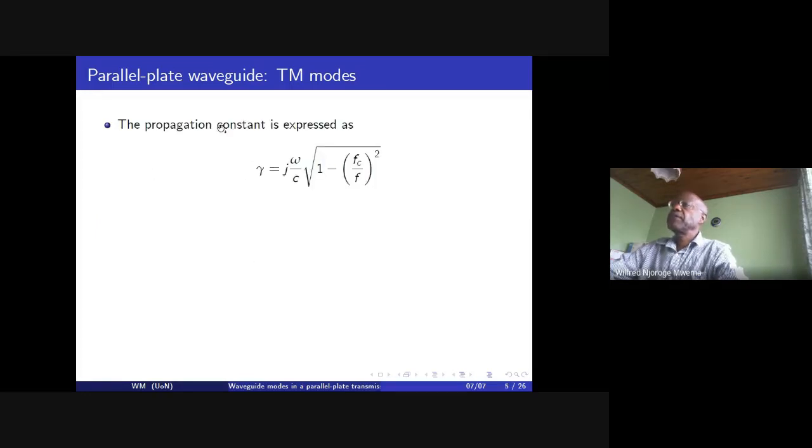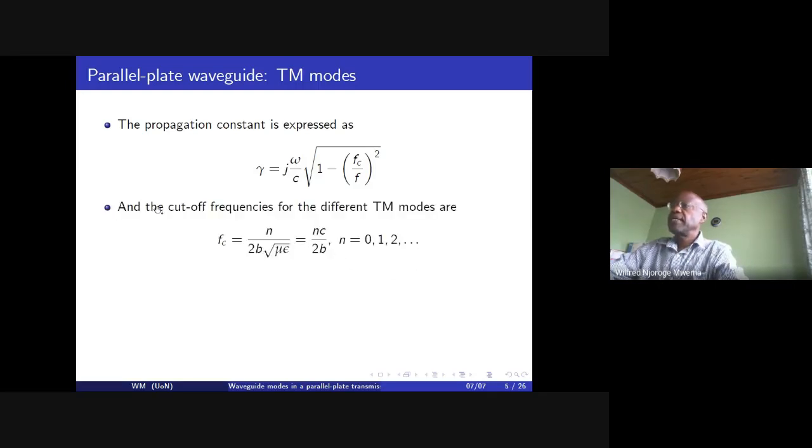Now, the propagation constant is going to be expressed as gamma equal to j omega by c times the square root of 1 minus fc by f all squared. Remember, we say that kc squared is equal to gamma squared plus k squared, where k squared is just omega squared multiplied by mu epsilon, or omega by c all squared.